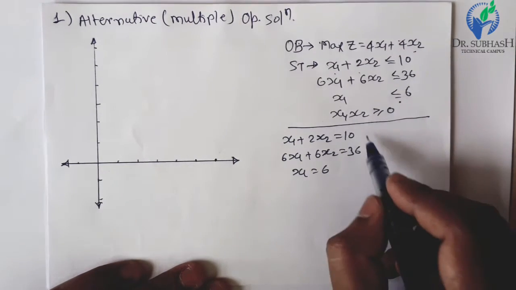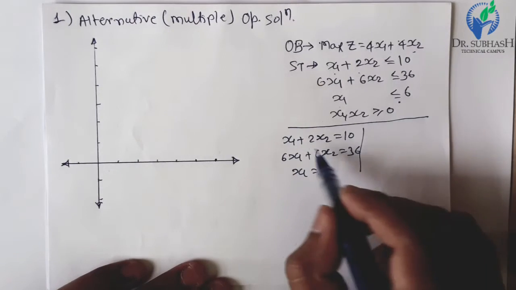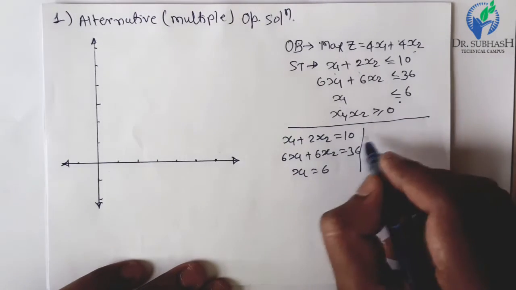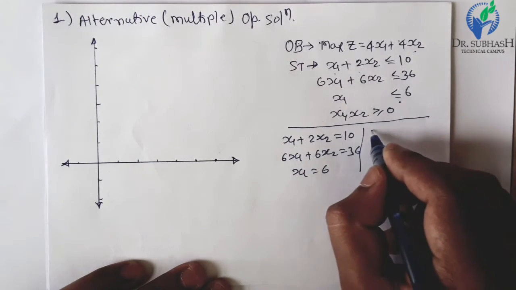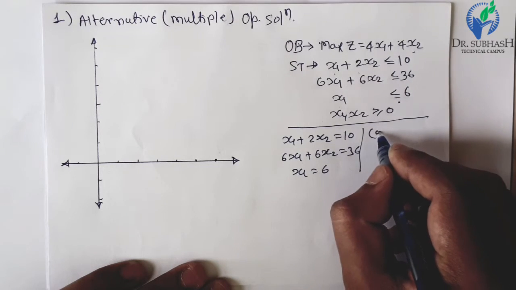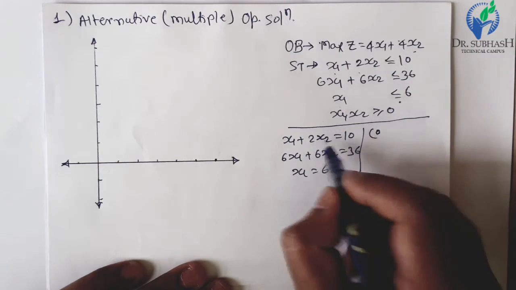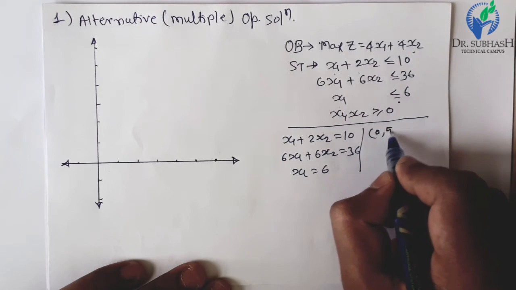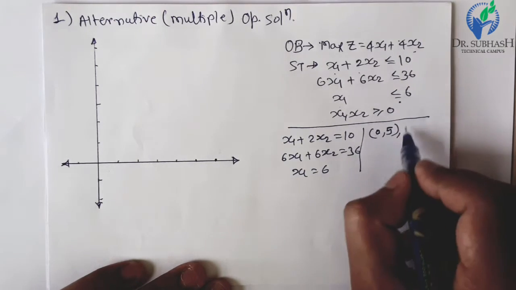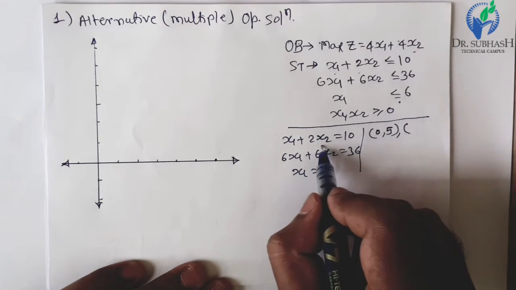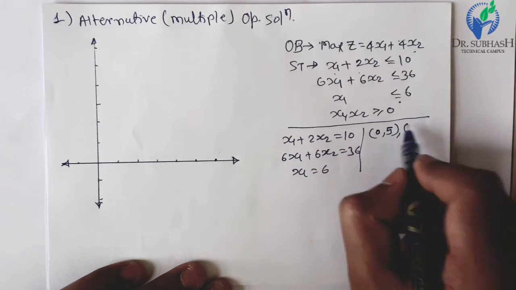Now we will find at least 2 points on each linear equation. Say x1 plus 2x2 equal to 10. If we consider x1 equal to 0, then we get x2 equal to 5, and if we consider x2 equal to 0, then we get x1 equal to 10.